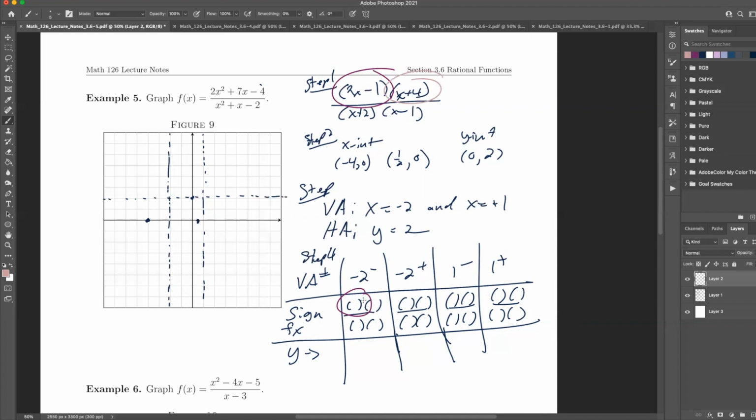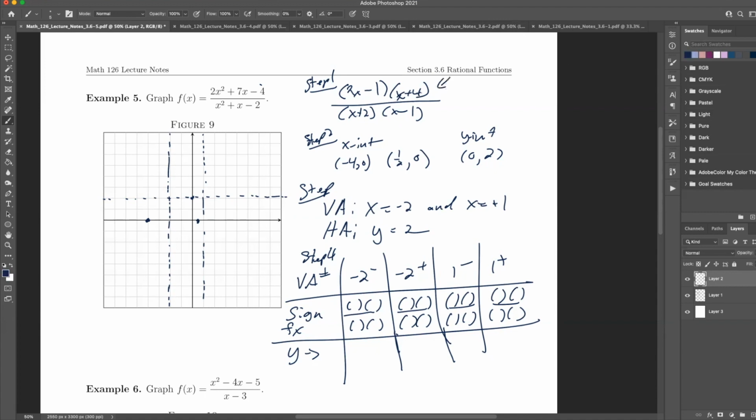This one represents this one, and so forth, right? And so what I'm going to do is just do some test points. But sometimes the test points really aren't all that interesting, because let's look at all our test points.